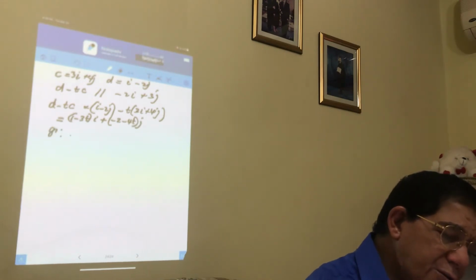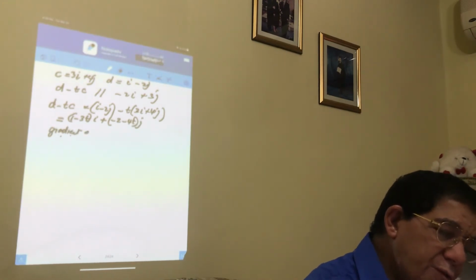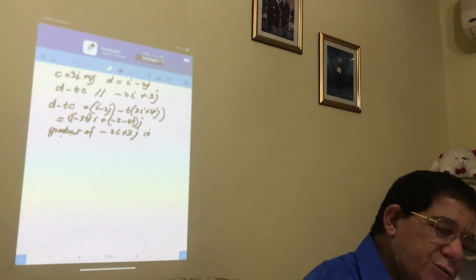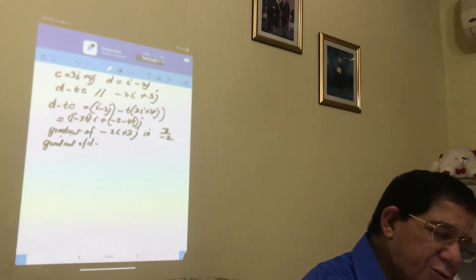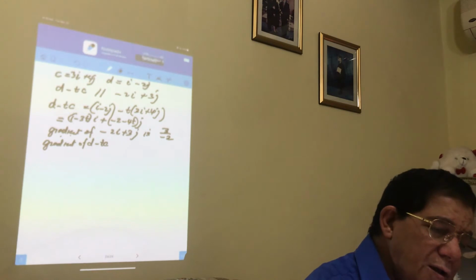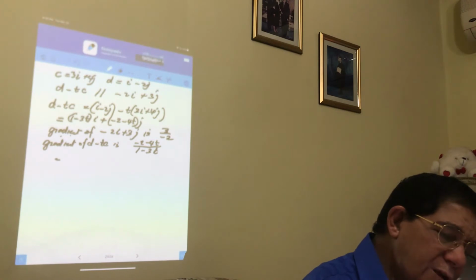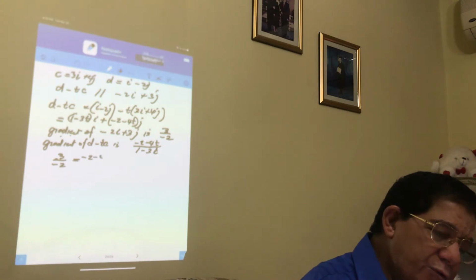The gradient of negative 2i plus 3j is 3 over negative 2, and the gradient of D minus tC is negative 2 minus 4t over 1 minus 3t. We equate them: 3 over negative 2 equals negative 2 minus 4t over 1 minus 3t.